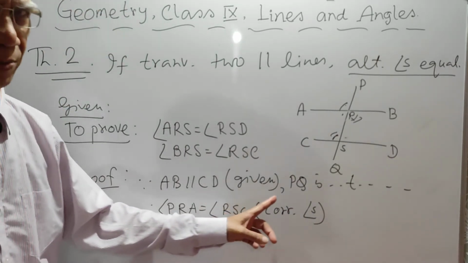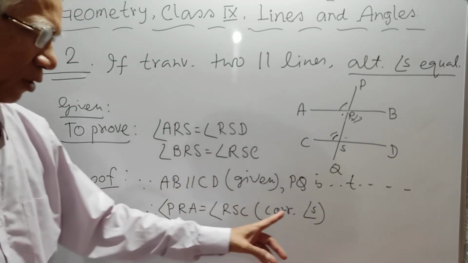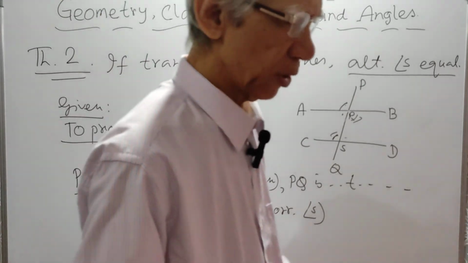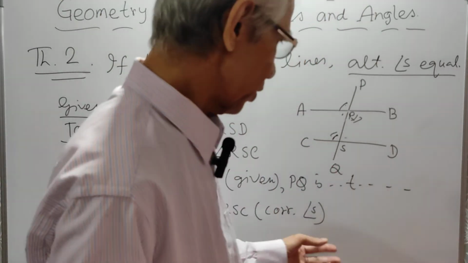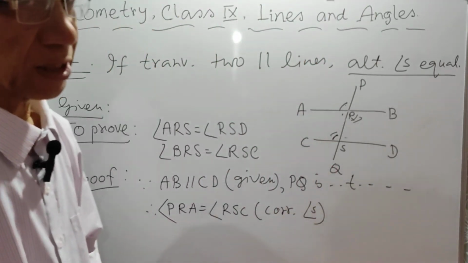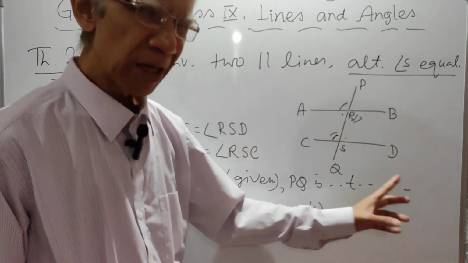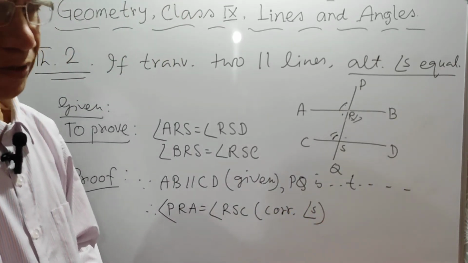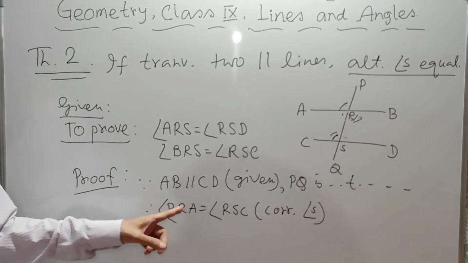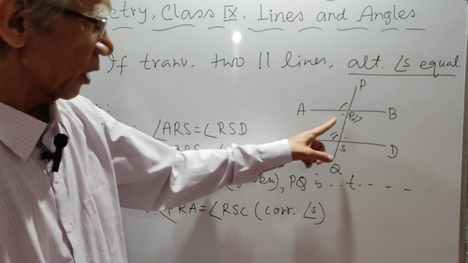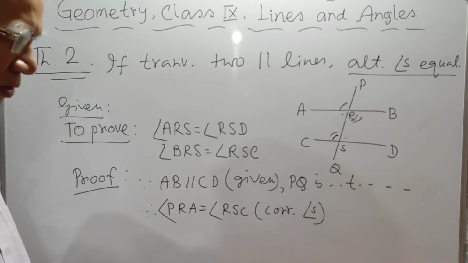Here you don't have to write what the axiom is. You just write corresponding angles. You can write the full statement, corresponding angles are equal, or it is enough to write corresponding angles. So PRA equal to RSC because they are corresponding angles.